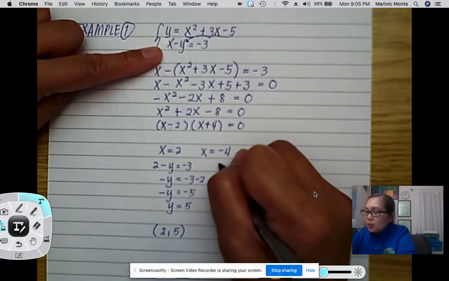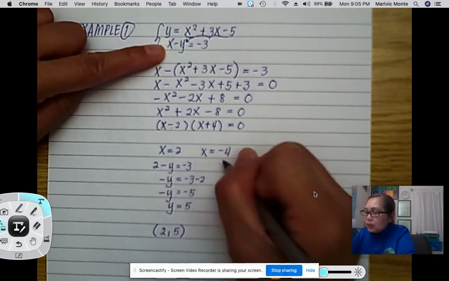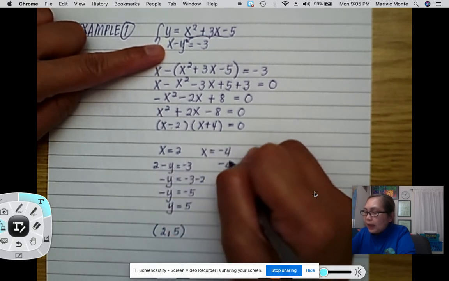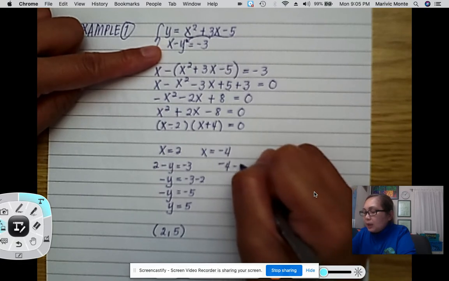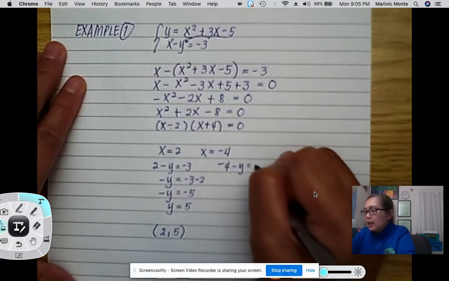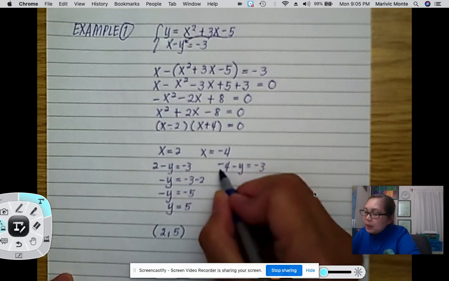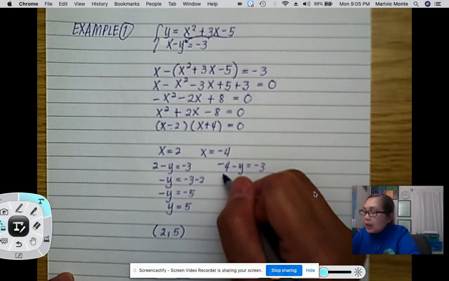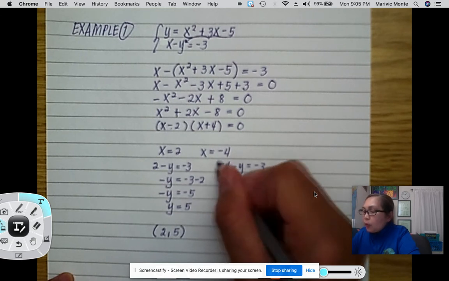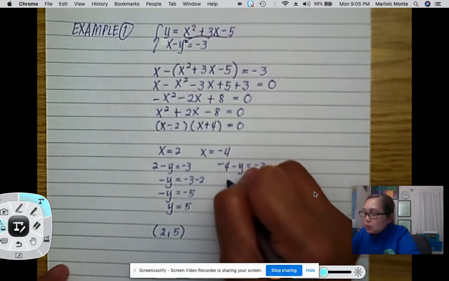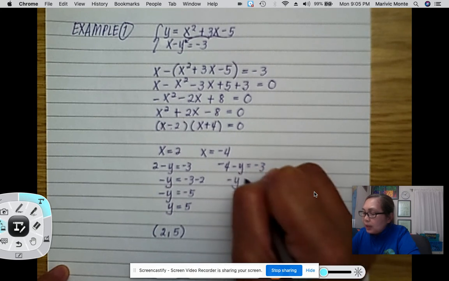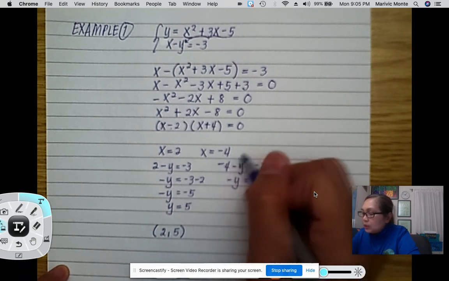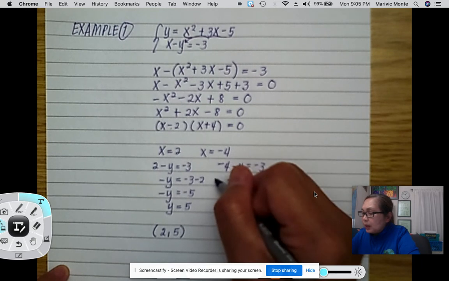So instead of 2, we now have a minus 4 for the x, and minus y equals negative 3. And because we have a negative 4 here, we would do the opposite, adding 4 to both sides of the equation, which will give me minus y, and that would cancel out on this part here.